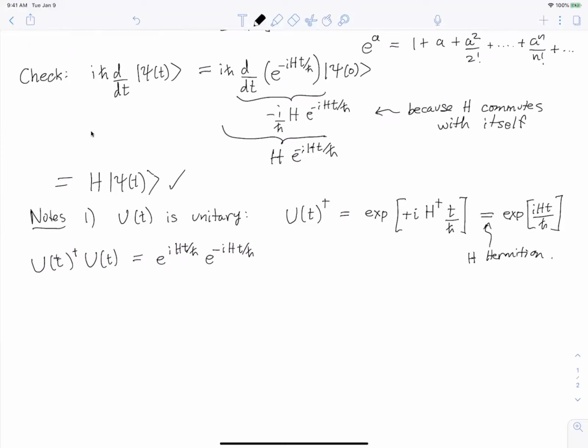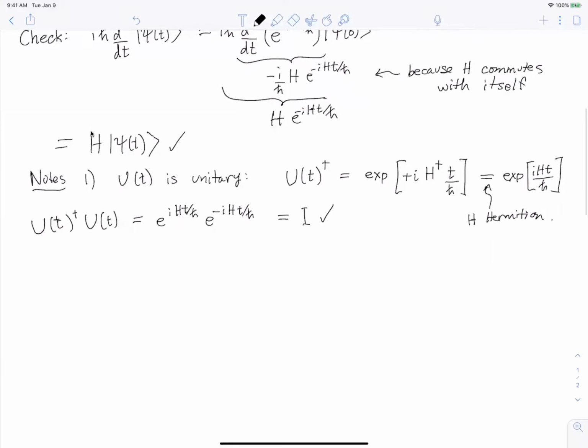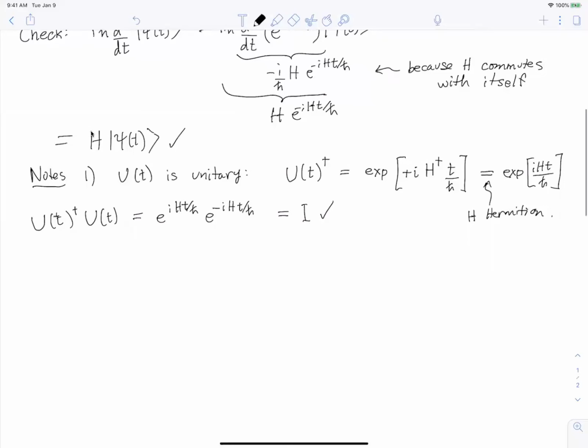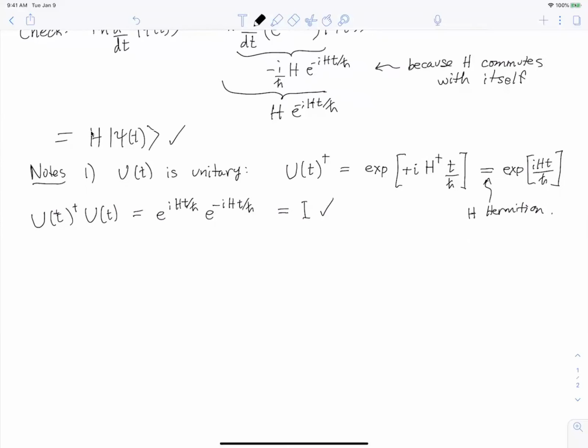And so this ends up just being the identity operator. We can just multiply everything together as if they were numbers, and therefore e to the i something times e to the minus i same thing is 1, or the identity operator. So that's one comment, that it really is a unitary operator.